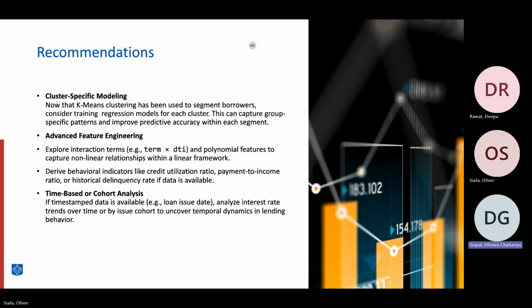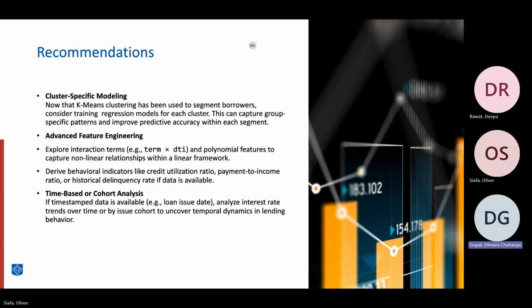And coming to the next slide, these are the recommendations that we'll be planning on implementing in this part of the analysis. The first thing is cluster specific modeling. We can apply the k-means clustering and build a regression model for each separate cluster, which can help us capture group specific patterns and also improve predictive accuracy within each segment.